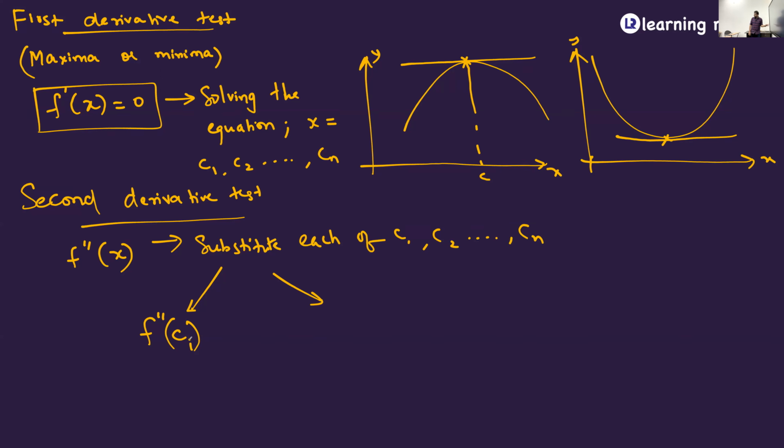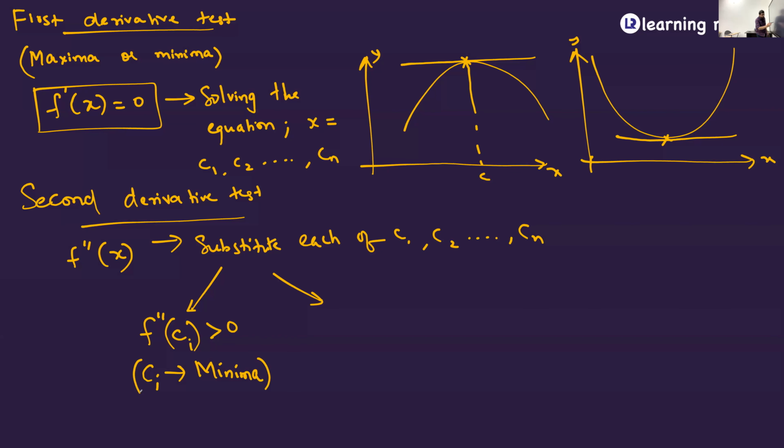comes out to be greater than 0, listen to this carefully. If it comes out to be greater than 0, then Ci is said to be the point of minimum.